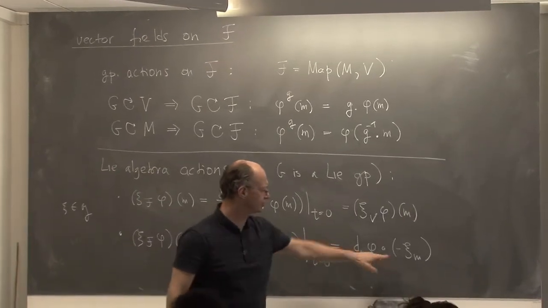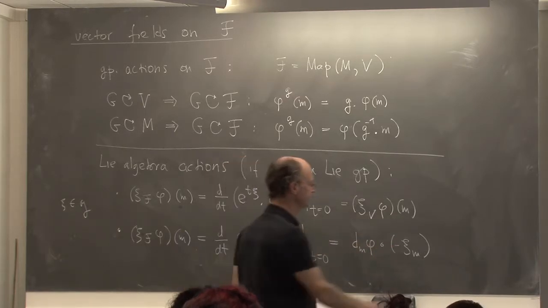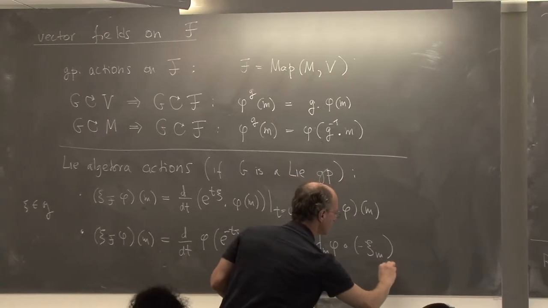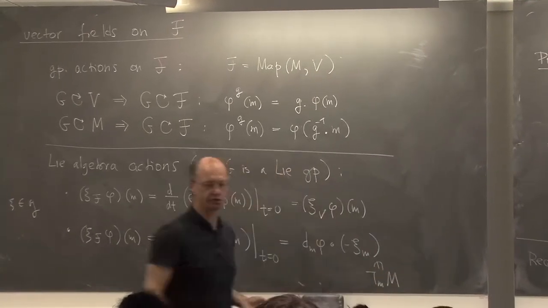Perhaps here I should make it a little bit more explicit what it means. Now psi at the point M, it's a tangent vector, right?